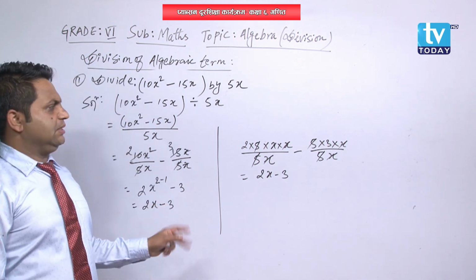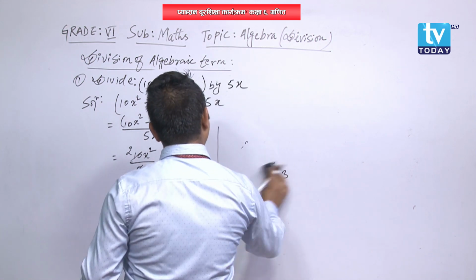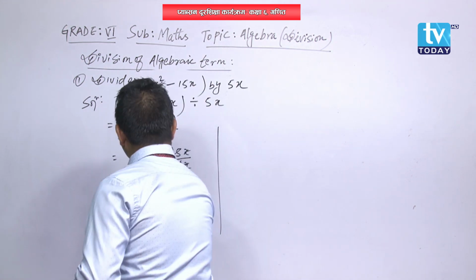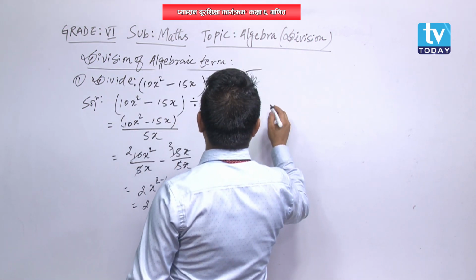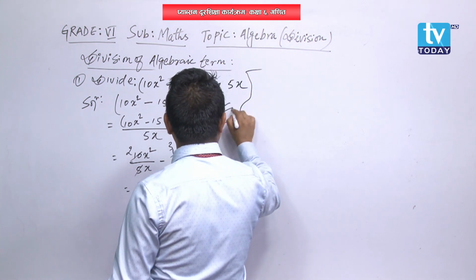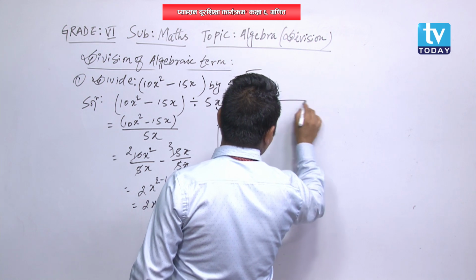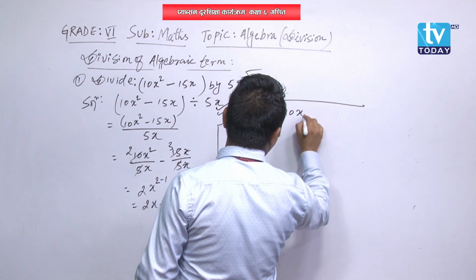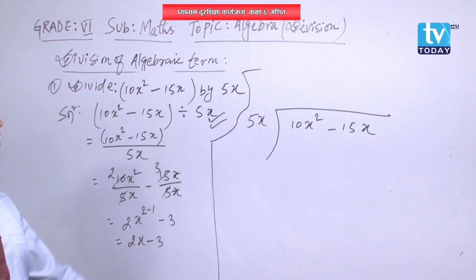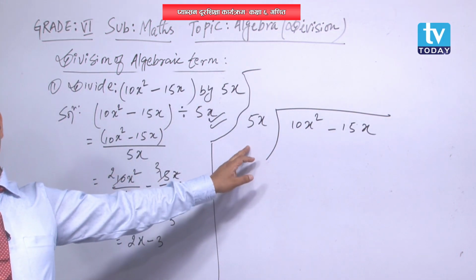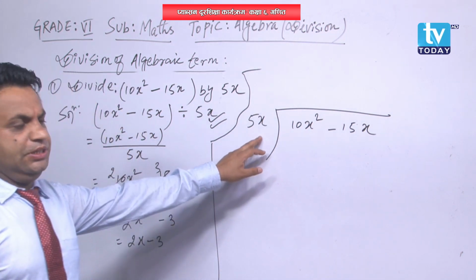Understood this? Okay. Now please see here, I will solve this same question by another method also. Please check here, 10x square. From here you have to divide by 5x, there is 10x square minus 15x. In this way also you can do division. Now first please check the coefficient.